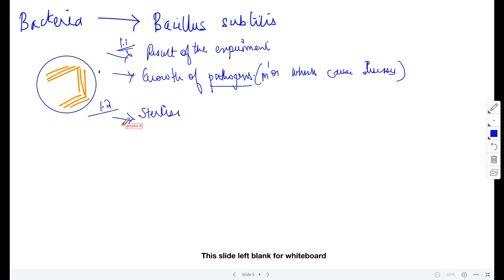Everything we are using should be sterilized, then putting the culture medium with a sterile tool. Sterilizing includes all the equipment which you are going to use with the plates.